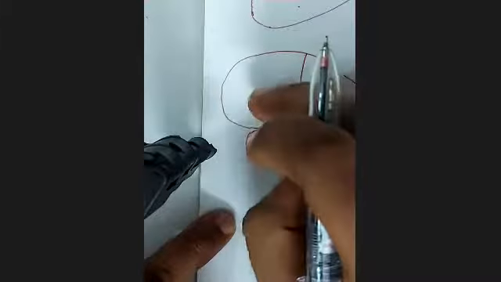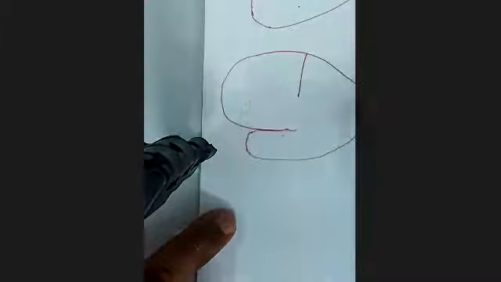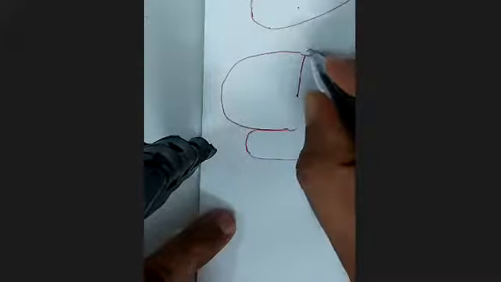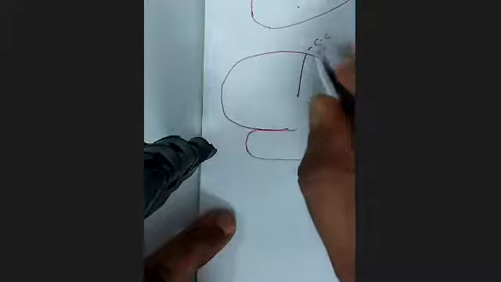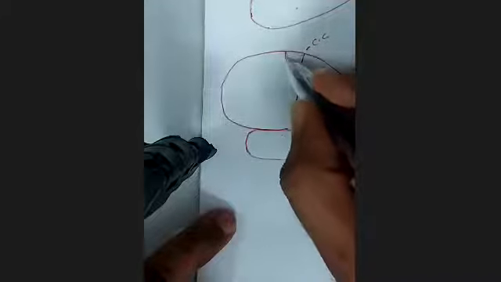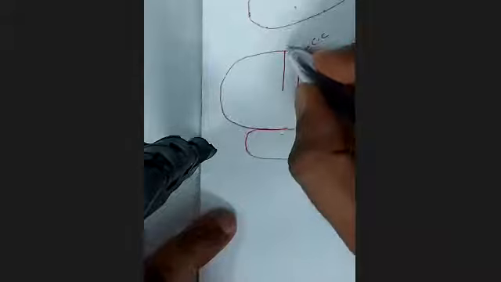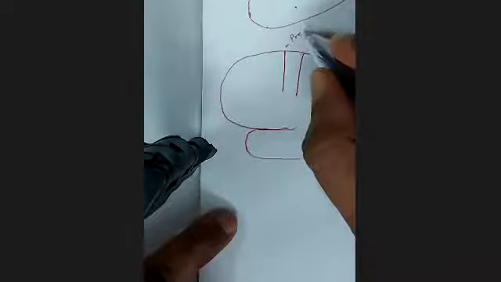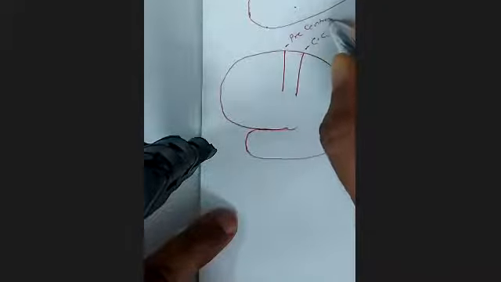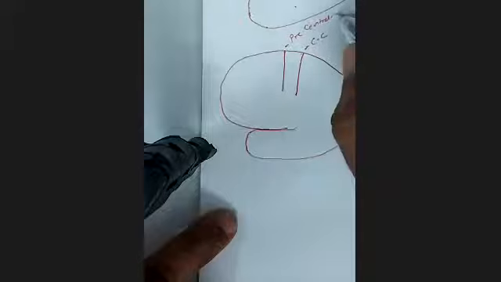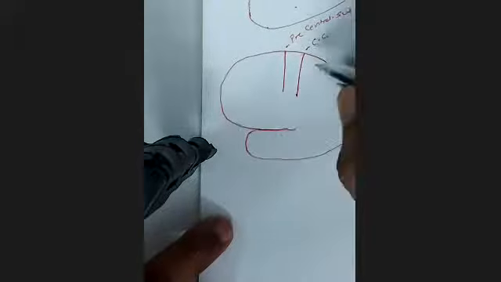Now let us talk about the frontal lobe. In front of the central sulcus, there is a sulcus called the precentral sulcus.